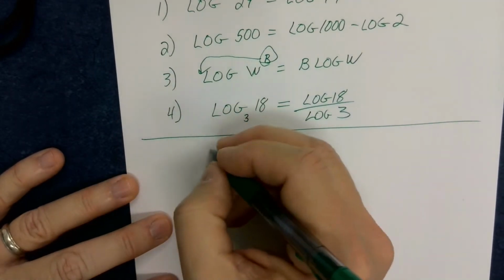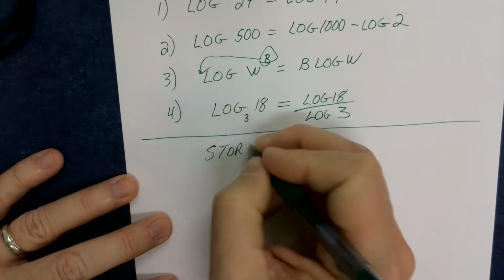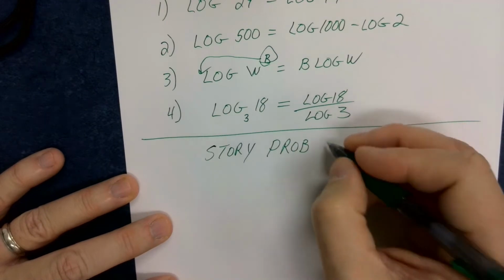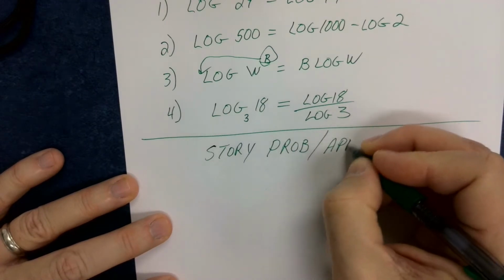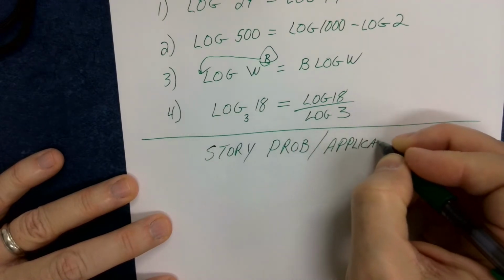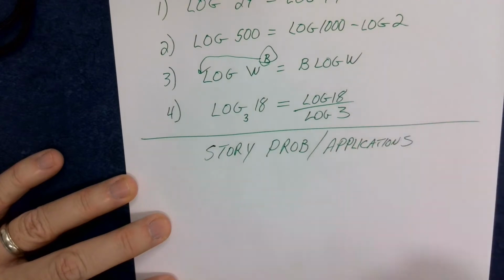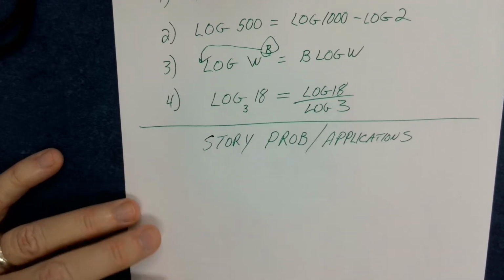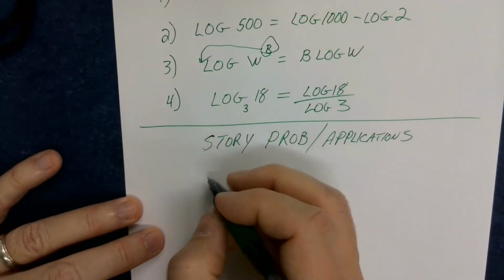Next. All of the rest of them are, if you want to think about them this way, story problems. I'm going to call them, more importantly, applications. So being able to apply exponential things. Okay, so let's start with this one.